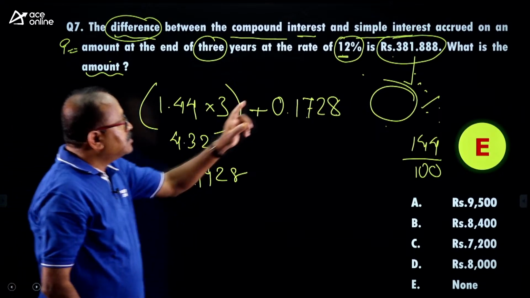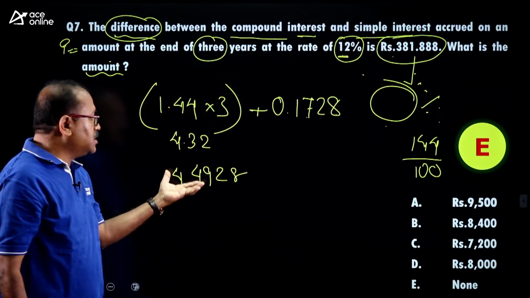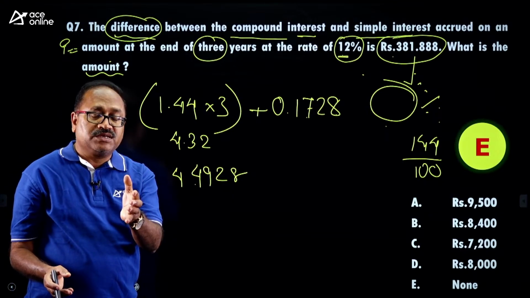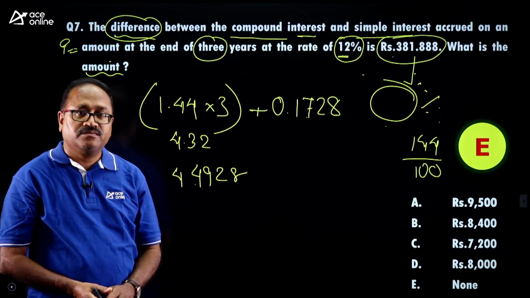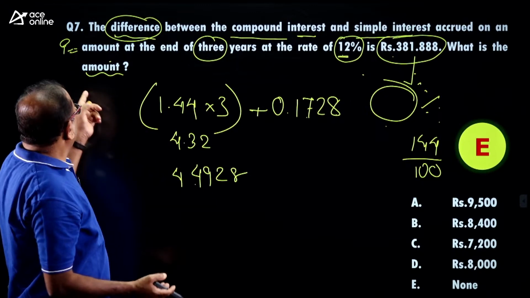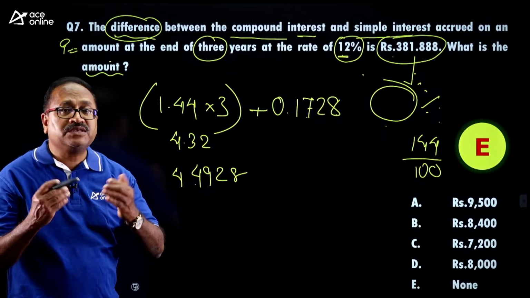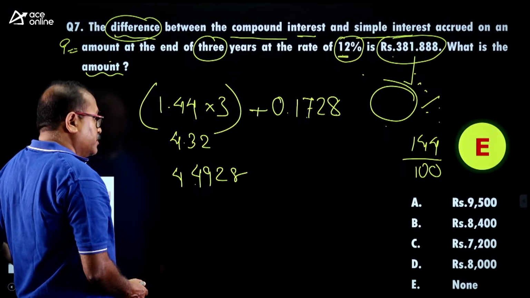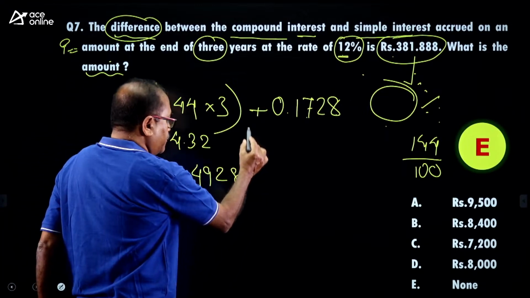That means the difference given to us is 4.4928% of the principal. What do I need? I need the principal, that means I need 100%. So let's work on that, my dear friends.